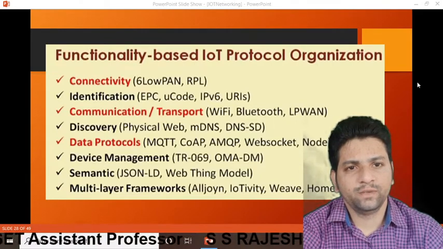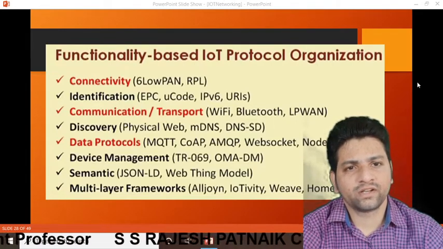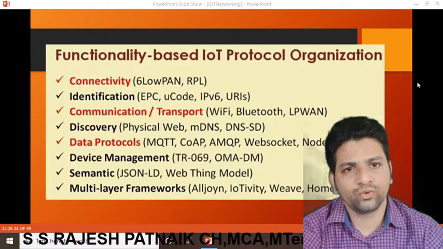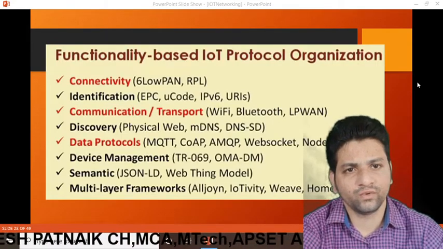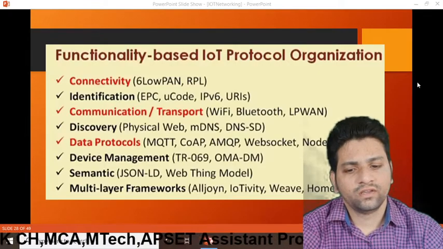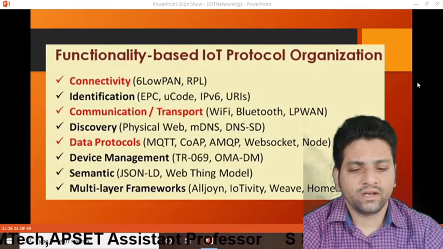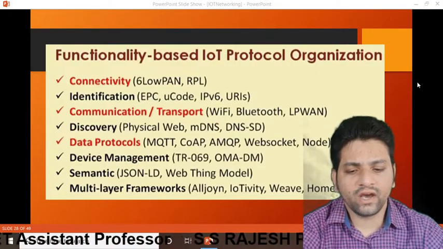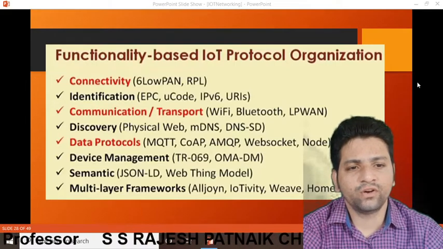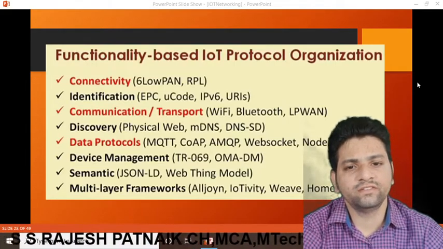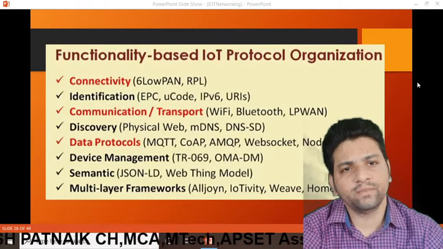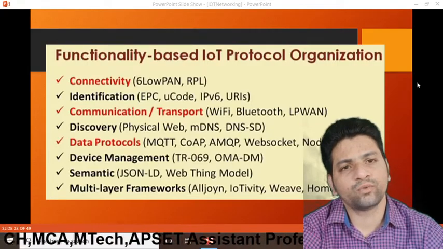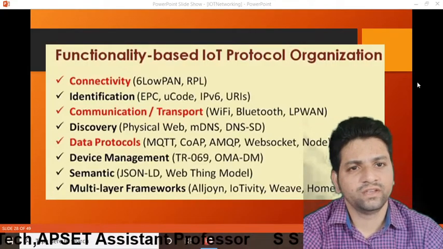So what is EPC? Electronic product code, which is given to a particular machine or IoT device. In an IoT architecture, we have a number of devices, and each device can be given an electronic product code, EPC.